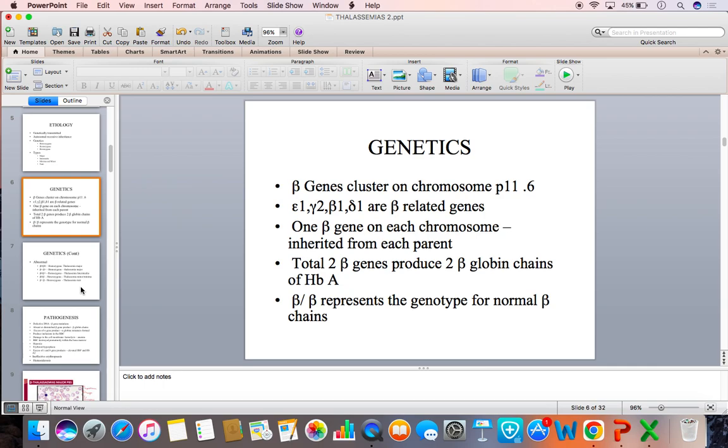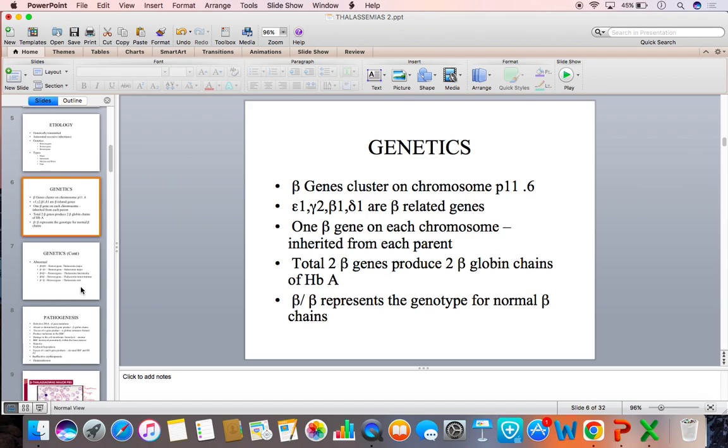For example, epsilon pairs with zeta to form Gower's hemoglobin or embryonic hemoglobin. Then alpha 2 and gamma 2 is the configuration for fetal hemoglobin.